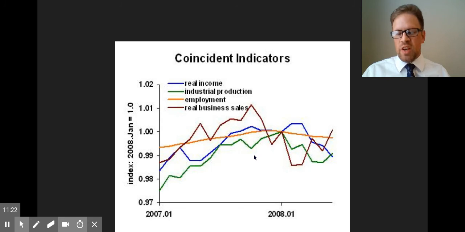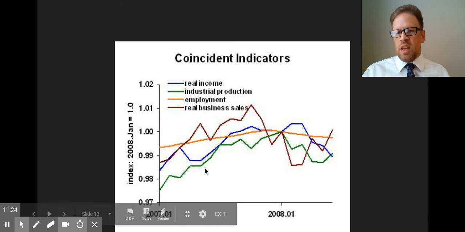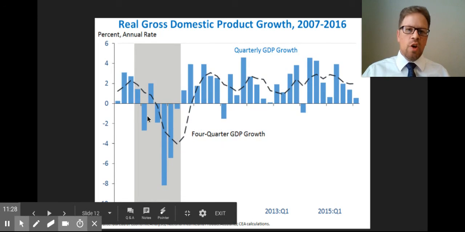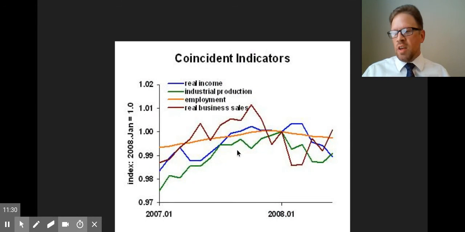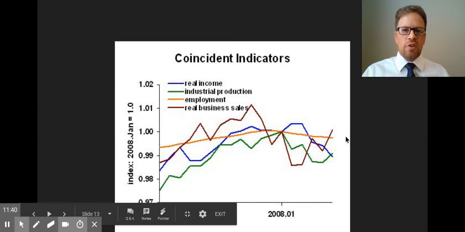So these are things that happen at the same time as the economy going up or down. Things like personal incomes, sales volume for businesses, industrial production levels in factories. All of those are considered different types of coincident indicators.